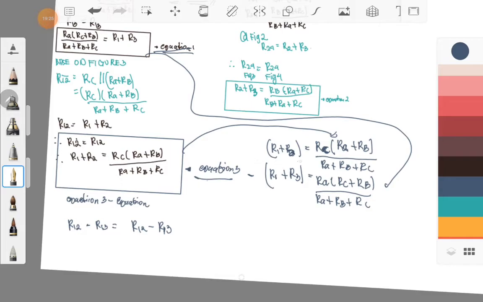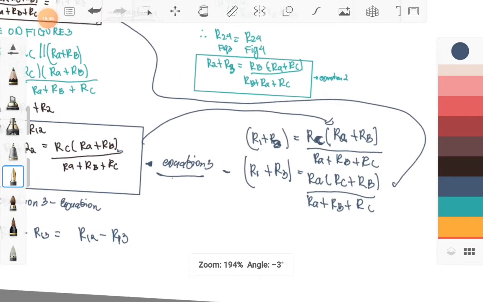R1 plus R2 for equation 3, which is equal to RC multiplied by RA plus RB, divided by RA plus RB plus RC. And also for our equation 1, we have R1 plus R3, which is equal to RA multiplied by RC plus RB, divided by RA plus RB plus RC.